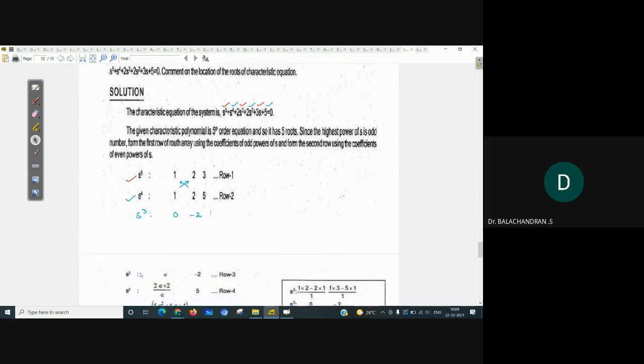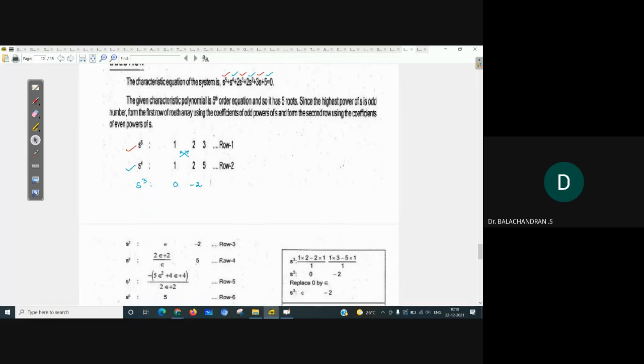So you know how to write the remaining rows, s power 3. In s power 3, I have 0 here and 0 here. So then you need to replace 0 by epsilon. That is row 3. Once you replace epsilon, then as usual, you need to proceed further.